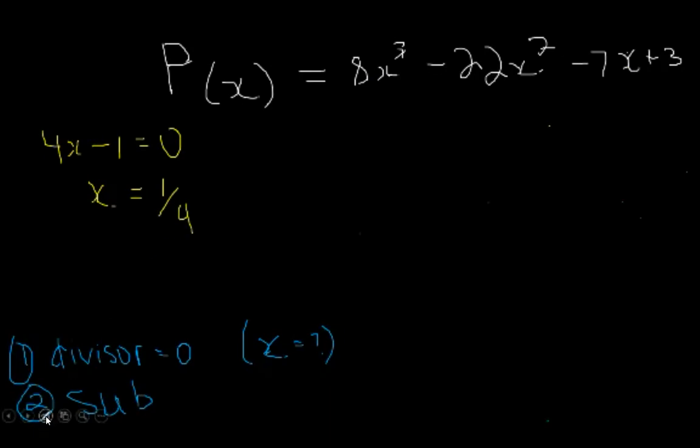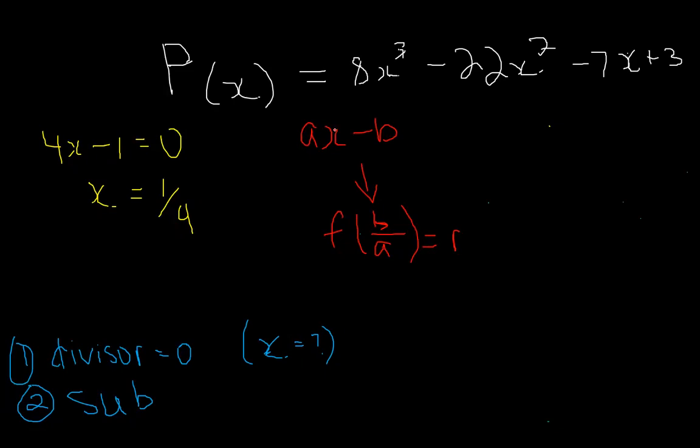Or you can use the rule that says if I have a divisor in the form ax minus b, then my remainder is f of b on a. So you could actually write it out, divisor equal to 0, solve for the value of x. Or you remember this rule.